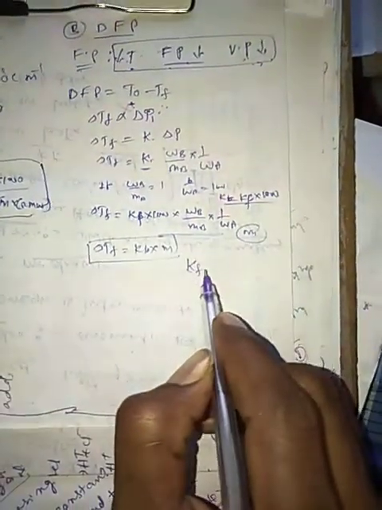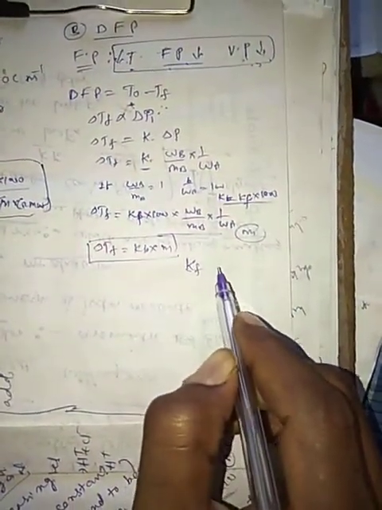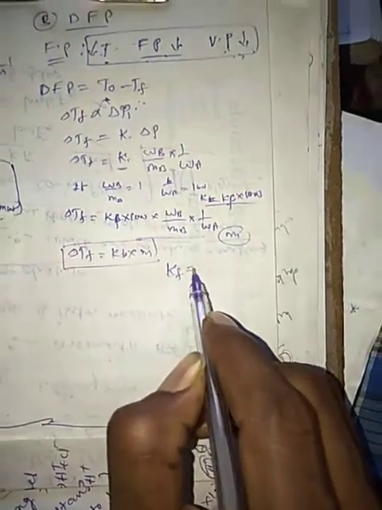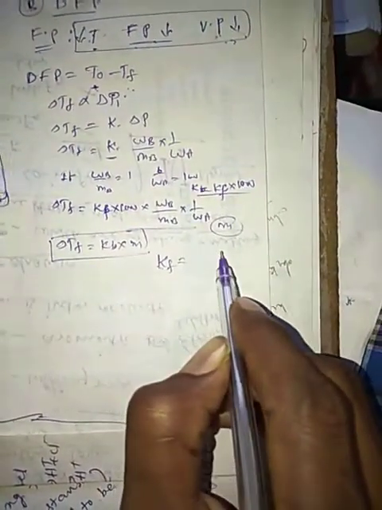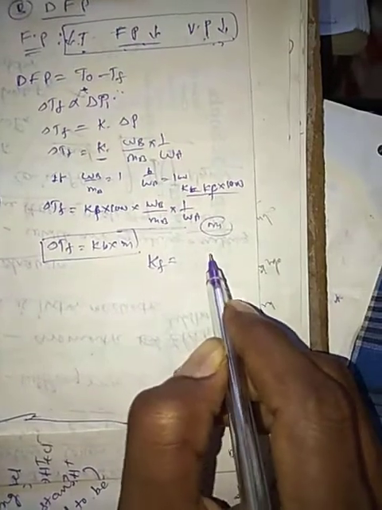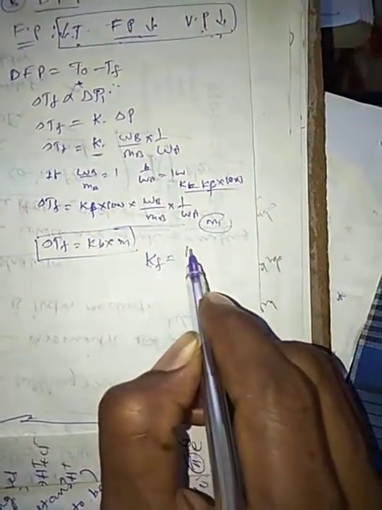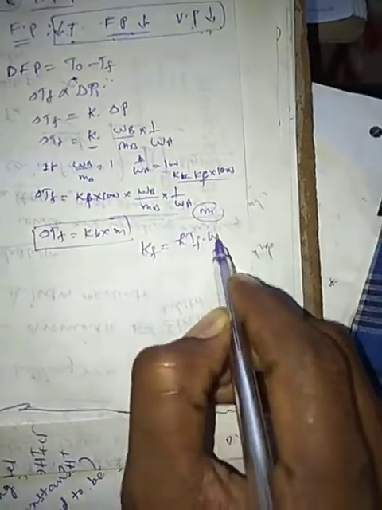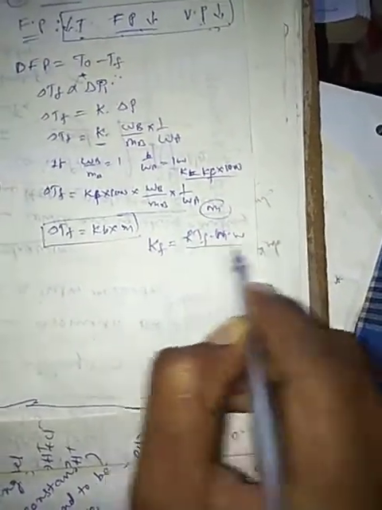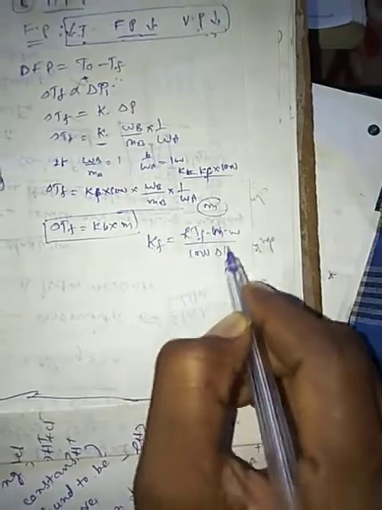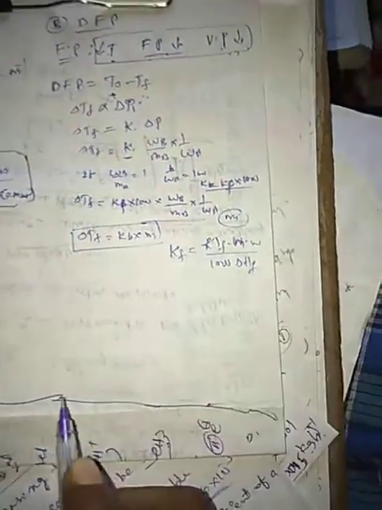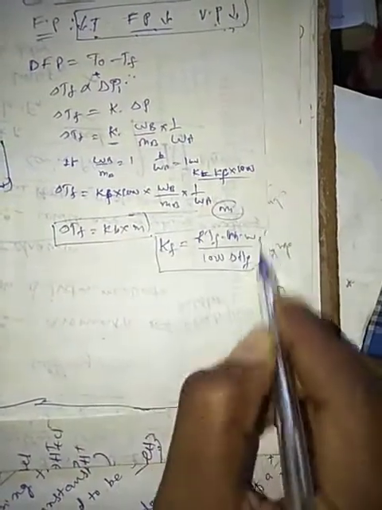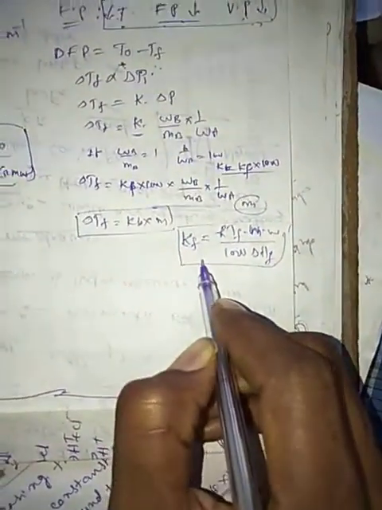Now Kf is the cryoscopic constant. This is a standard value; we can use the formula Kf equals R Tf squared times molecular weight by 1000 into delta H of fusion. This is the formula we can use to calculate the standard value for Kf.